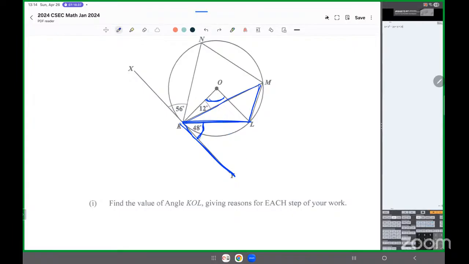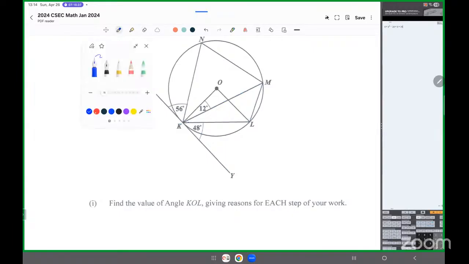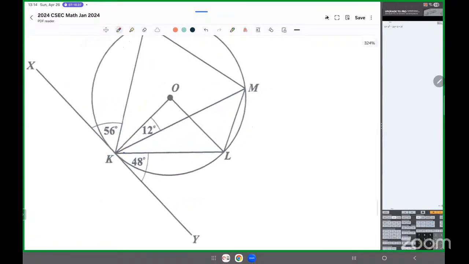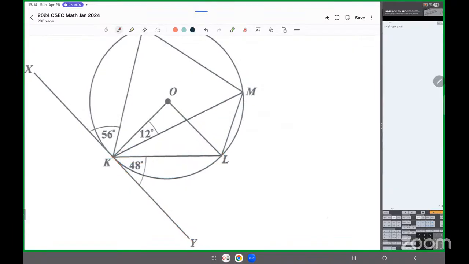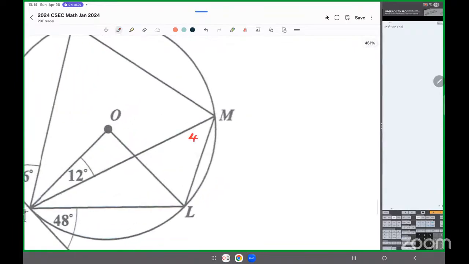I'm going to show you the sequence of operations. Watch it. So the angle between this tangent and this chord is 48 degrees, which means the chord will subtend the same angle of 48 degrees at the circumference. So this angle up here is 48 degrees.